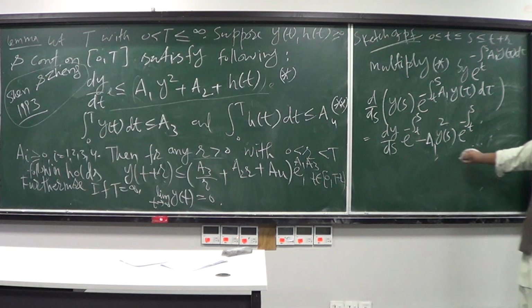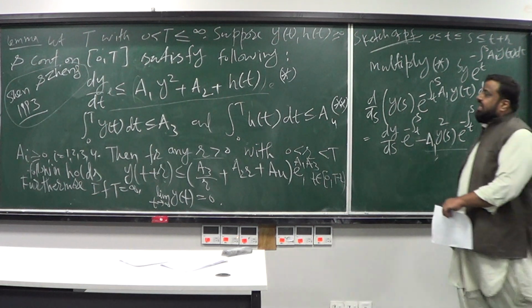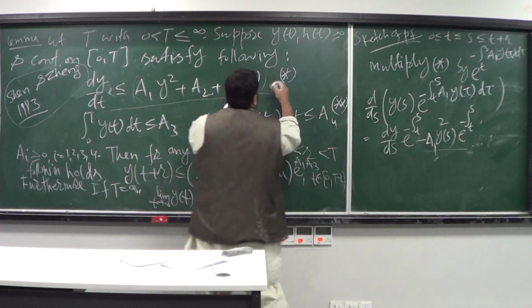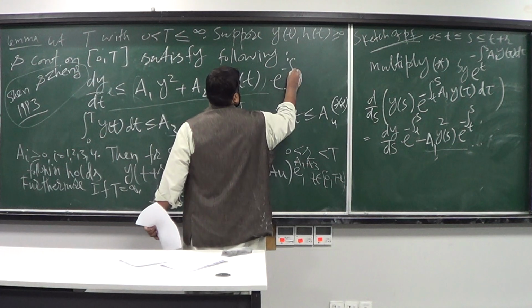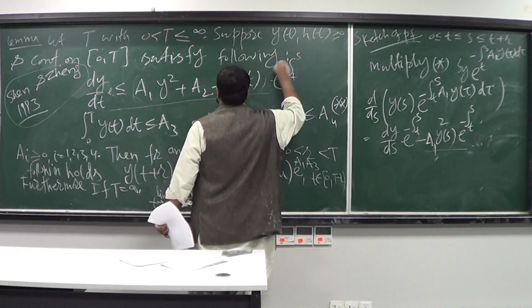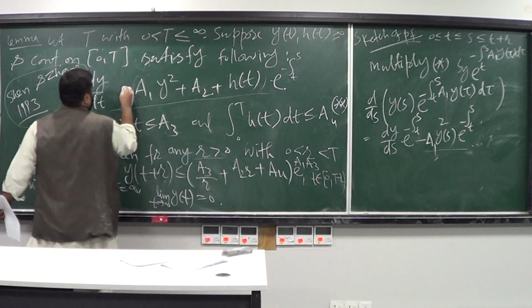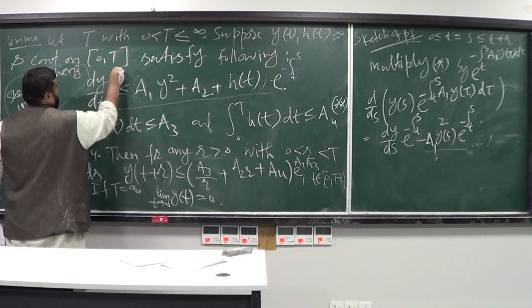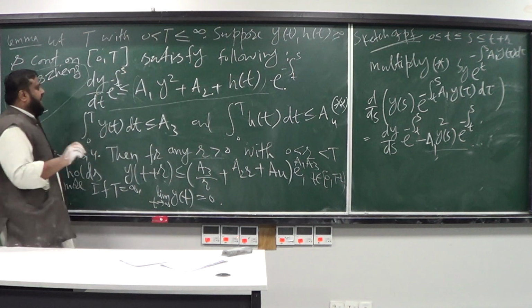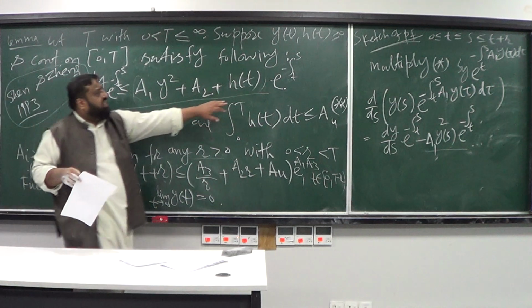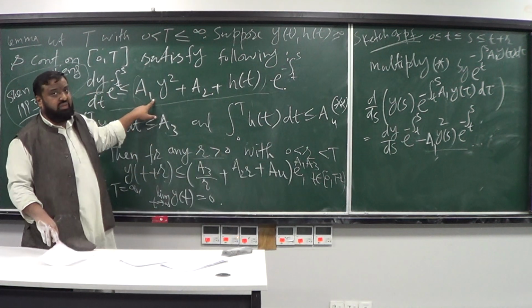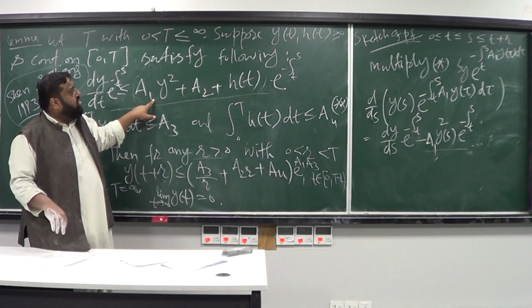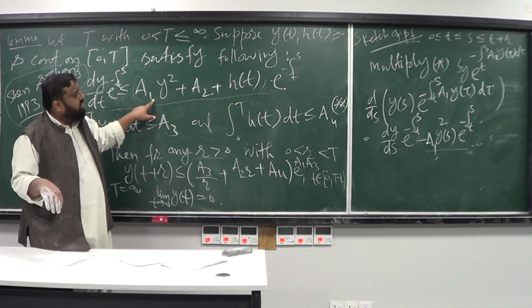Now if you see, when you multiply the exponential from t to s and you multiply the exponential from t to s, okay, this is really the first term. So what do I mean by that?